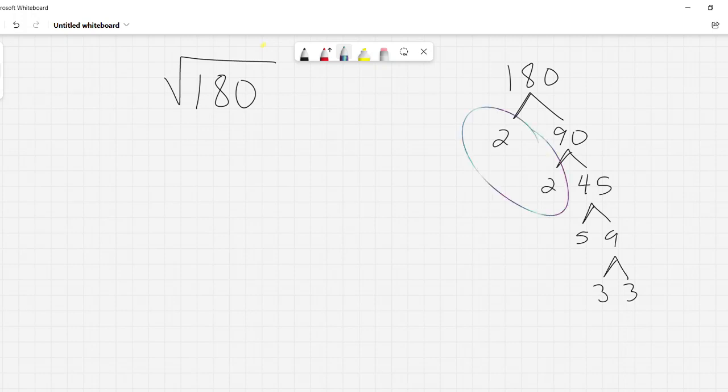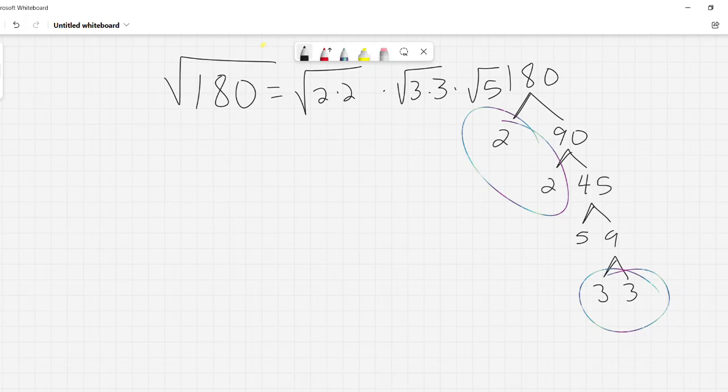So, there's 2 2s and there are 2 3s. So I can say this is 2 times 2, 3 times 3, and 5. Because that's the only one left over is 5.